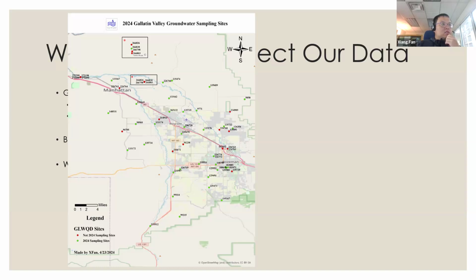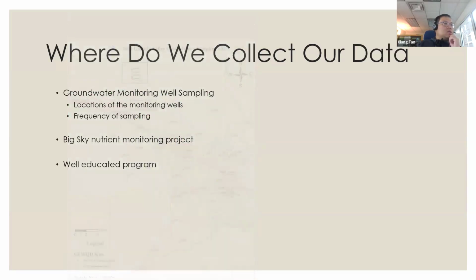The green dot is where we are going to sample, or we already sampled this year. We sample 7 wells a year, which means we already sampled 14 wells in past May and this June. And our next sampling is this coming July.